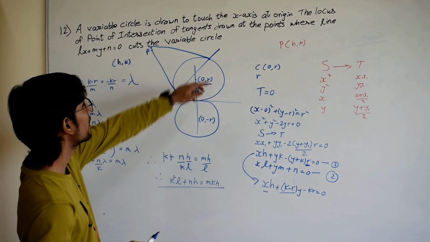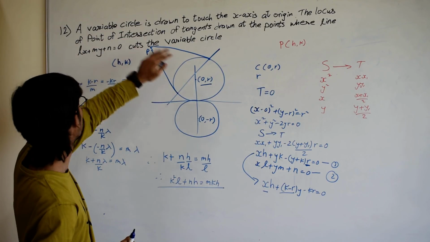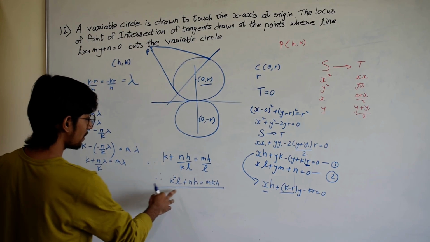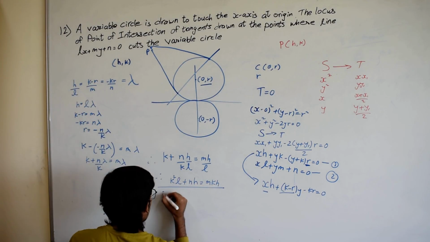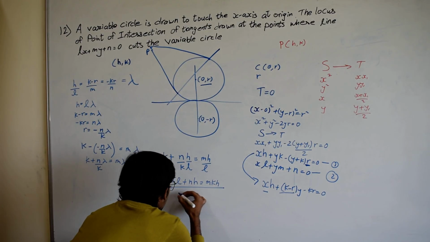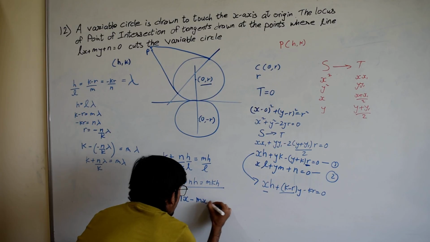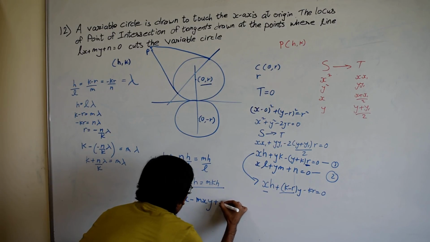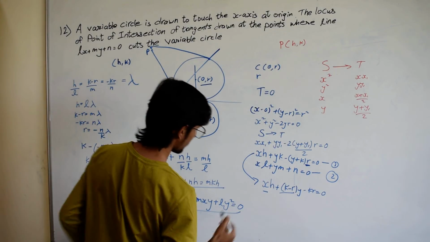For finding the locus of the point of intersection of tangents, we replace h by x and k by y. The final equation becomes, let's simplify that, mxy plus ly square equals 0. This is the final equation that we got.